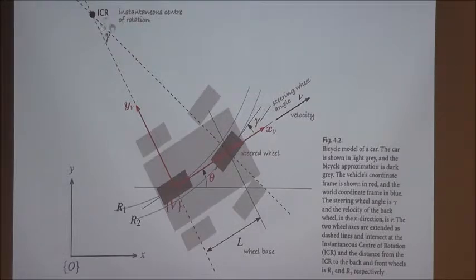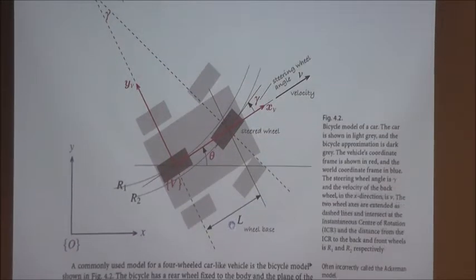Because of the triangular condition, the two sides here are normal to those two lines, so the value of gamma here is identical to the value of gamma there. You can check it easily by looking at the triangle. L is the wheelbase.